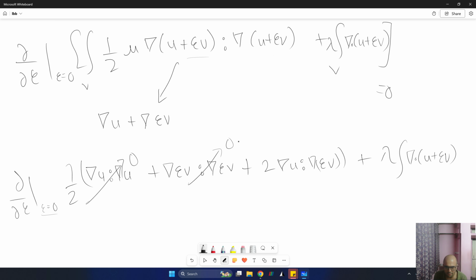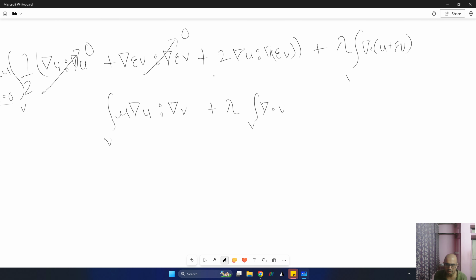So you are just left with, and you have a 2 here, integral over the volume of grad u double dot grad v into, of course, your mu, which will also be here, plus lambda integral over the volume of del dot v, right. So we have this equation here, which looks very similar to our FEM discretization, the momentum balance for our FEM discretization.